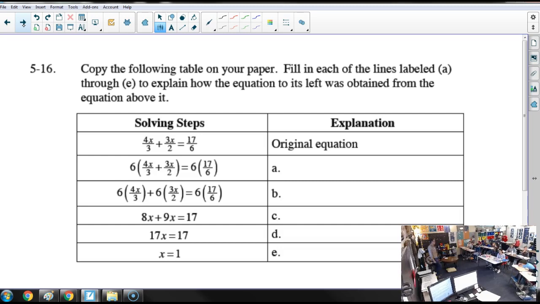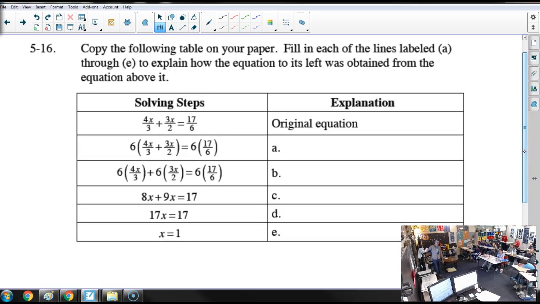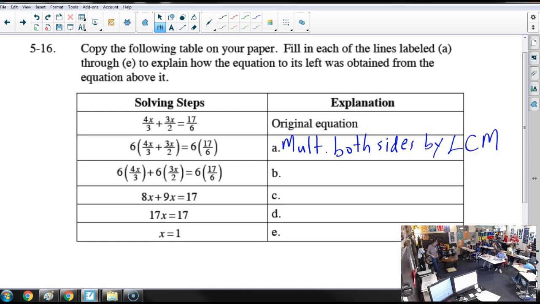If you're at all still iffy on this step right here, this is on your orchid sheet: multiply both sides by the LCM, the least common multiple, the lowest of the common multiples of the bottoms. Should be called first common multiple. Yeah, that could work. FCM. Then this is show the work.